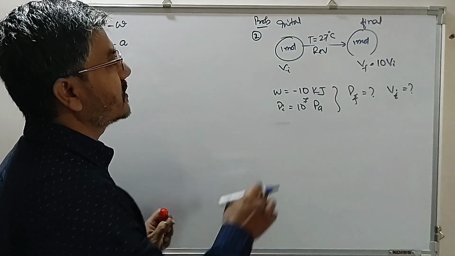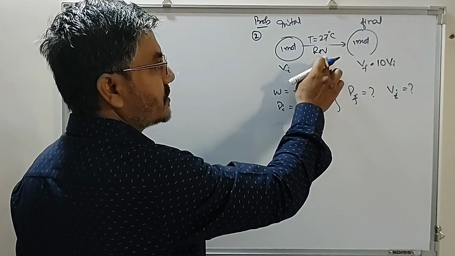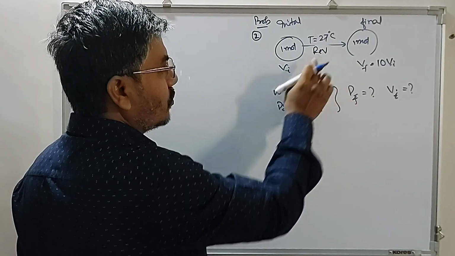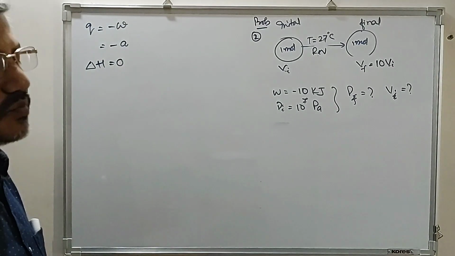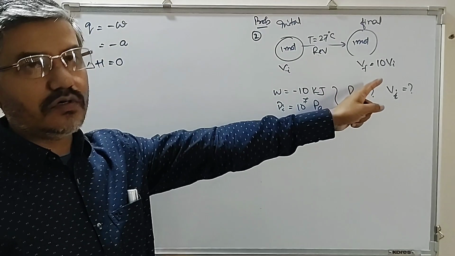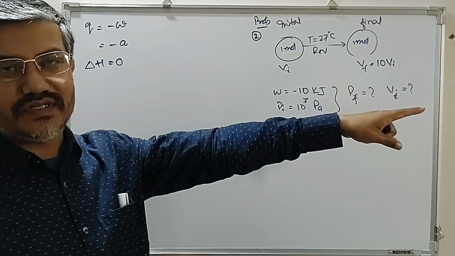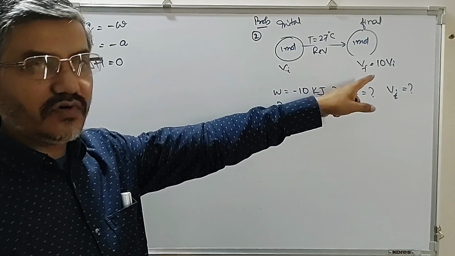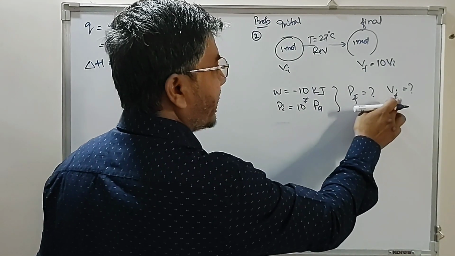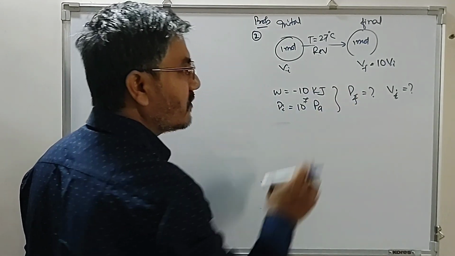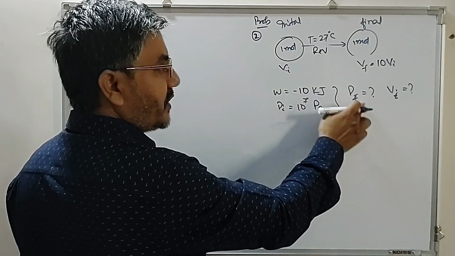So the question says temperature constant, process is reversible, work done is minus 10 kilojoule per mole, because this is expansion work, so work done by the system on the surroundings, because there is an increase in volume. So therefore look at this, we have to find the values of Vi and Pf.